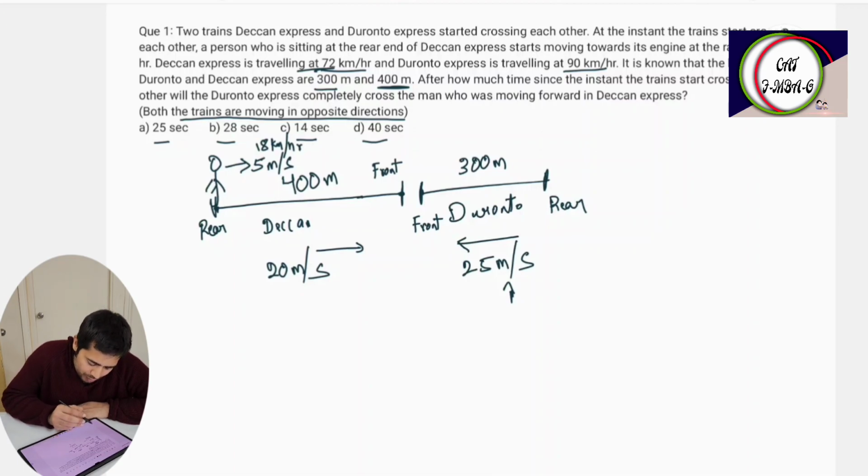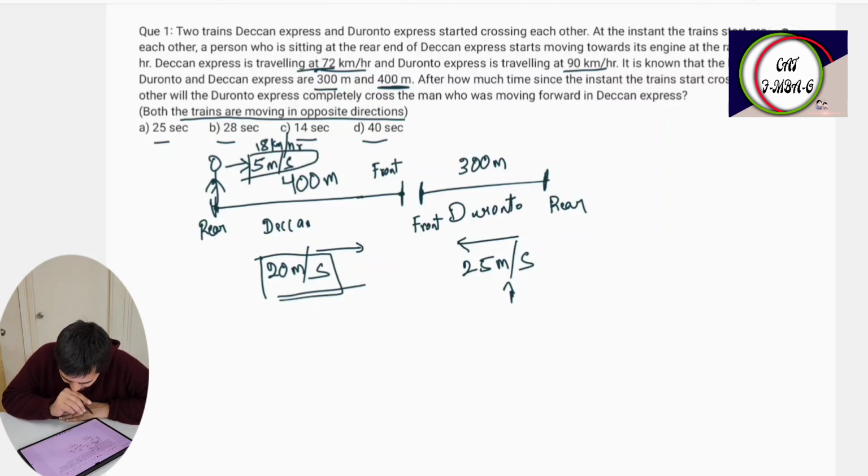Now what we will do is, see here, train Deccan is moving at 20 meter per second, and the person is moving at 5 meter per second. So the combined speed will be the velocity of man with respect to the ground.